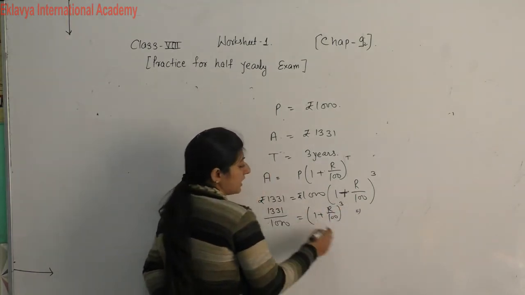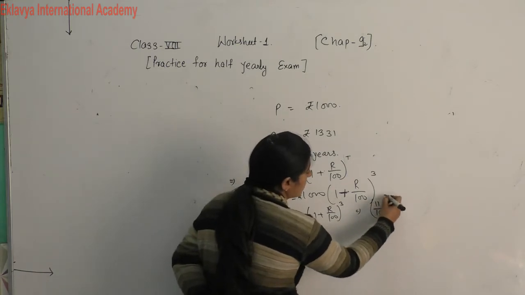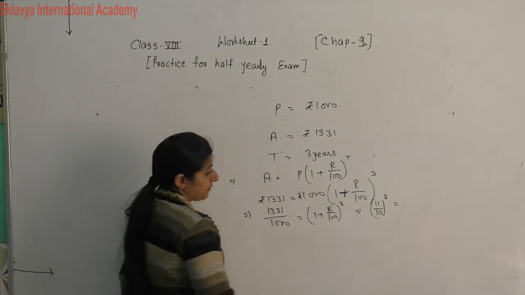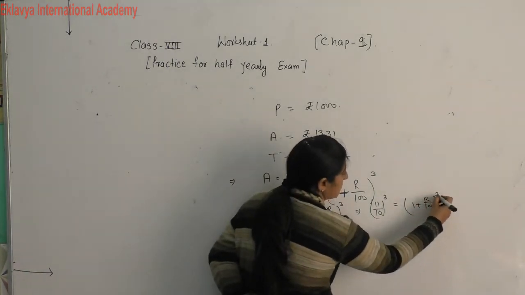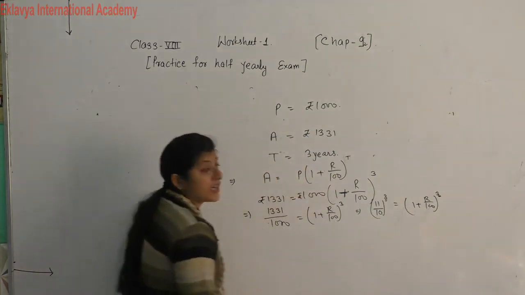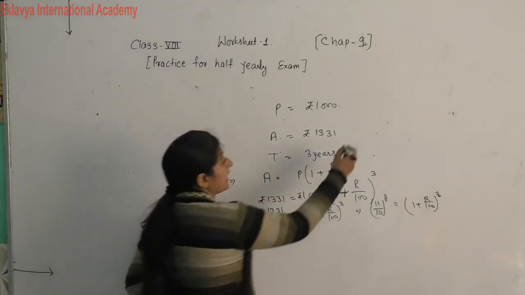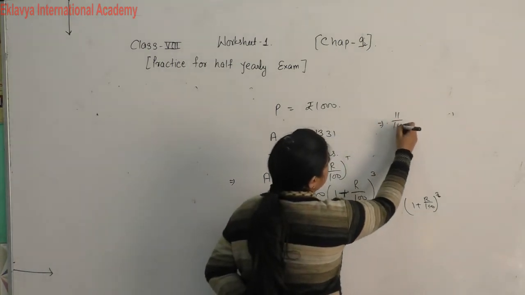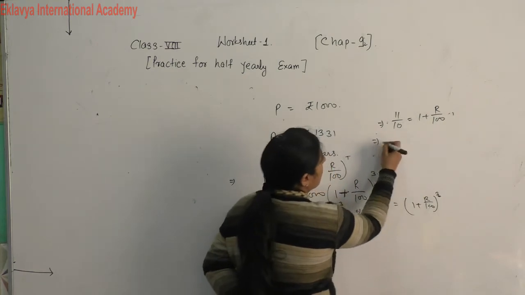If you know 1331 is 11 power 3 and 1000 is 10 power 3. When the power is same on both sides, LHS side or RHS side, if power is same, we can compare it. Then after the comparing, it becomes 11 by 10 is equal to 1 plus R by 100.